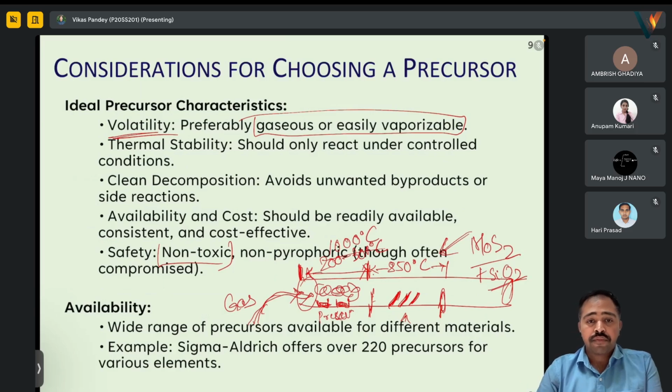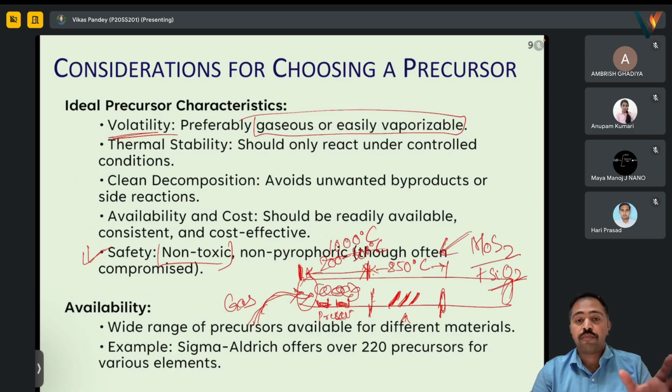Okay. And non-proliferate. That means it should not come out of the reaction chamber. It should be properly contained inside the reaction chamber only. But these are some things that actually don't happen. This safety concern is something in this process that is mostly compromised.